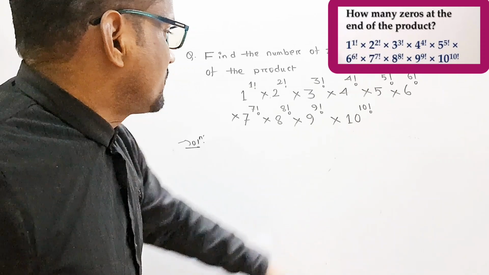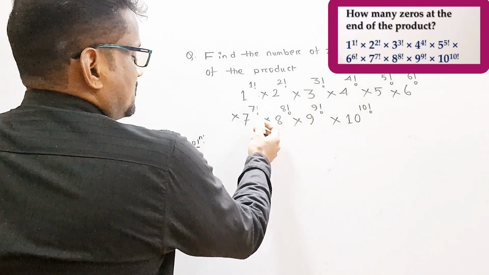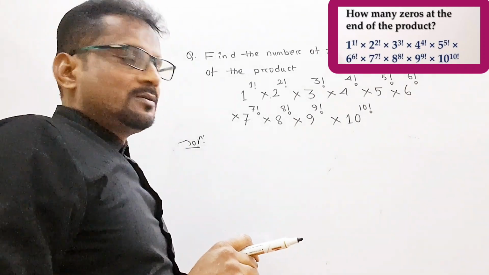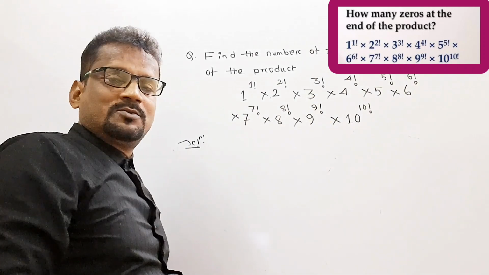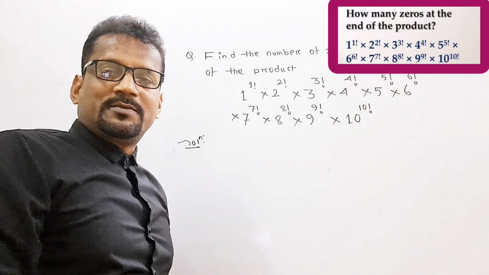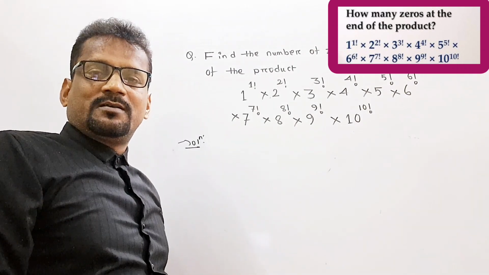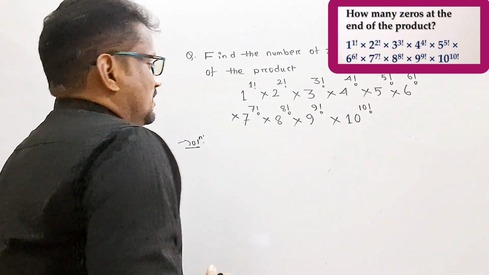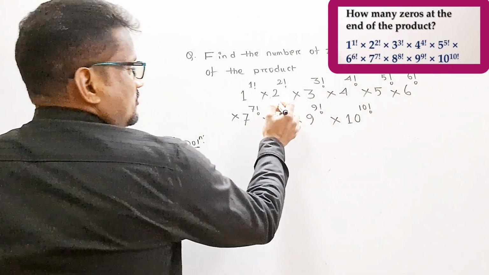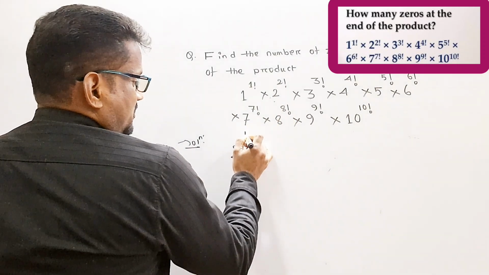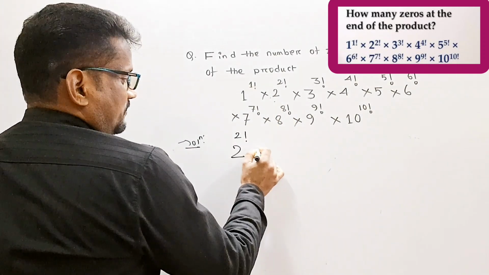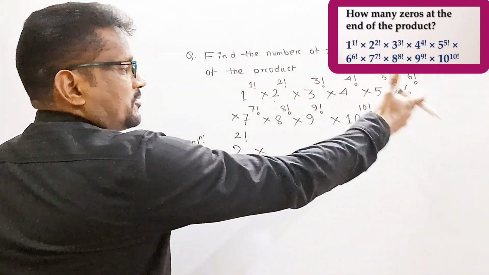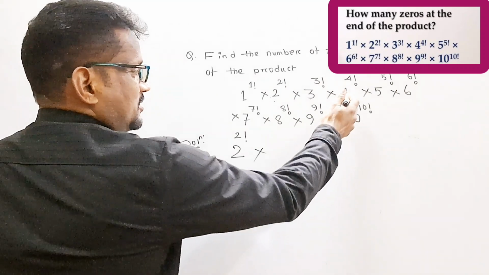Now let us focus on this product. Here we will find only those factors where we will get 2 and 5. 3 we don't require. 7 no need. 9 no need to take. So if we approach this, 2 to the power 2 factorial we need. Into 3 not required, because it will not contribute to zeros at the end.